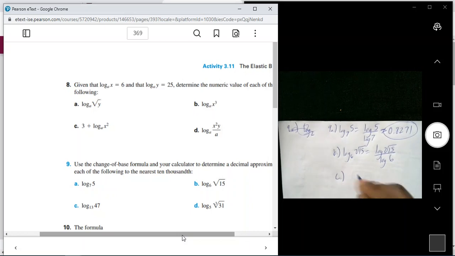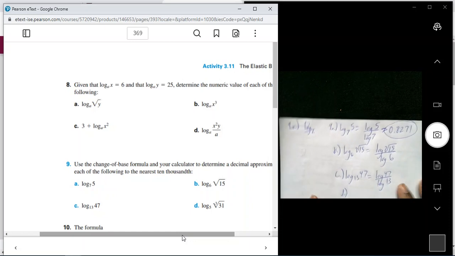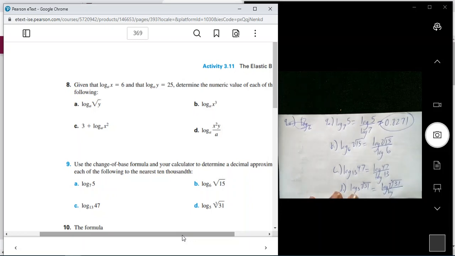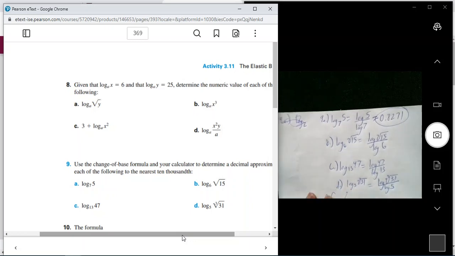I want to write all of these out, and then we could just do the Desmos calculator. It'd be log 47 over log 13. And then finally D, let me see, we have log base 5 of the cube root of 31. Oh, okay, that's a cute one. All right. So this would be log cube root of 31 all over log 5.